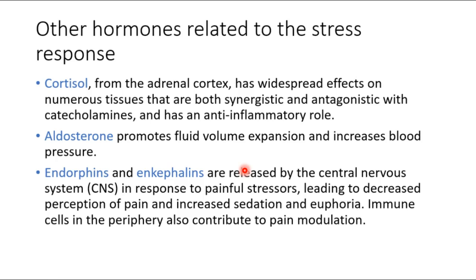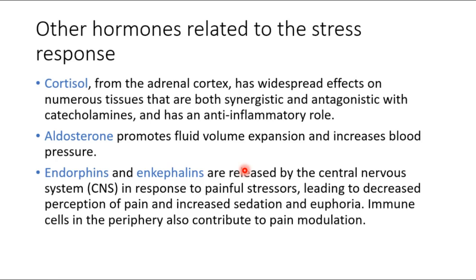You have some other hormones related to the stress response. That adrenal cortex is releasing cortisol and aldosterone. Do you guys remember what cortisol does? What's cortisol do? It's not enough to nod, you gotta tell me. It's anti-inflammatory and what?